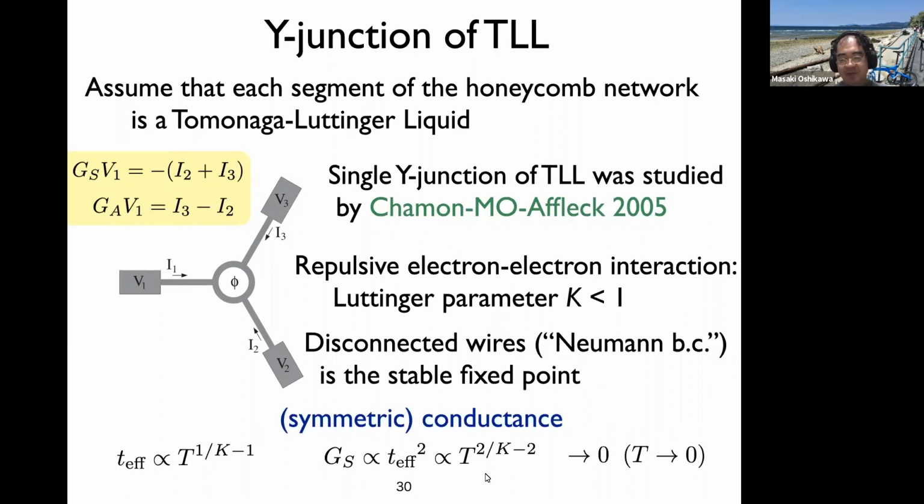But now our point is that this power law conductance of a single junction can be translated into the conductance of the entire 2D network using the same argument. If the Tomonaga-Luttinger liquid in each segment is equilibrated, then you can define a voltage for each local segment, and then apply this current-conductance relation to each junction.